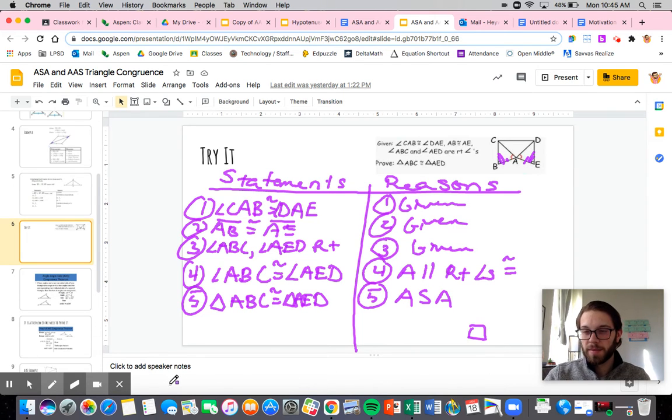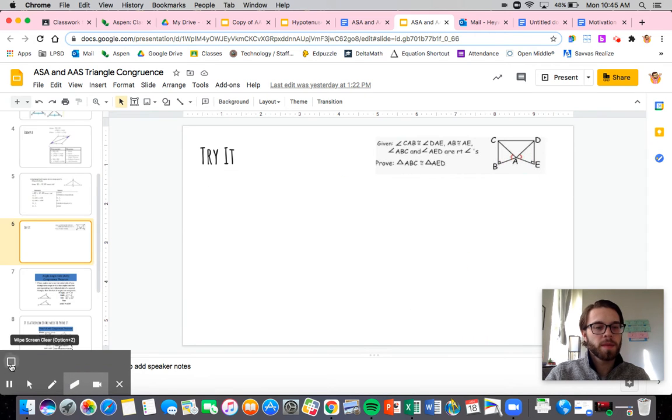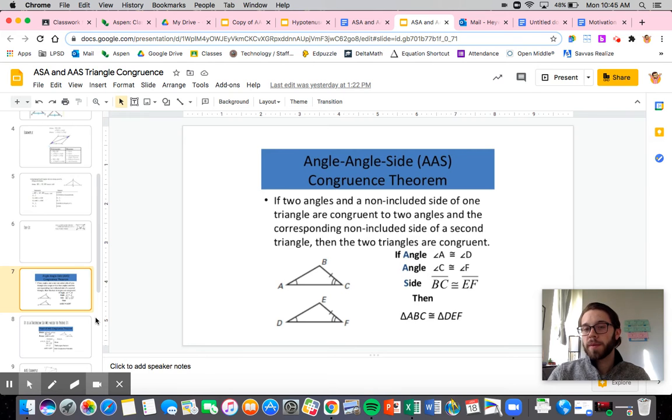Because it's essentially the same thing. It just matters where the other angle is. All right, so the next thing that we're going to do is the angle, side congruence theorem. Now this is a theorem, so we will have to talk about why it's true before we actually use it.